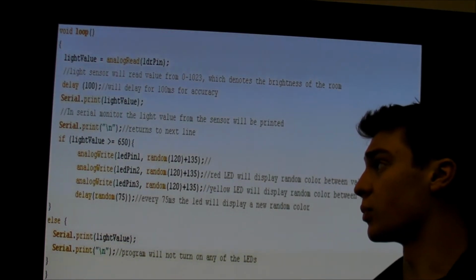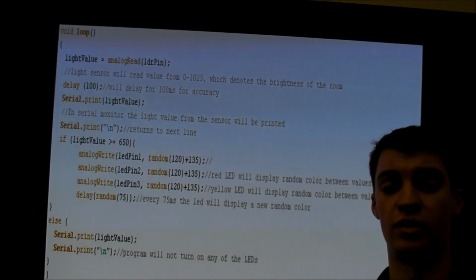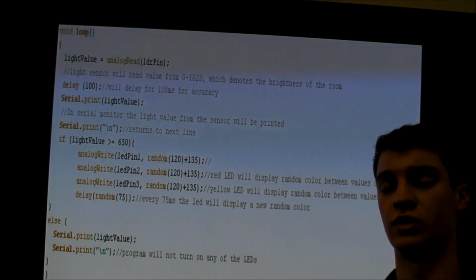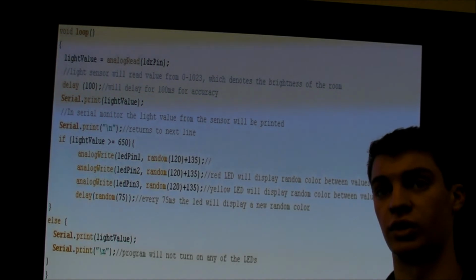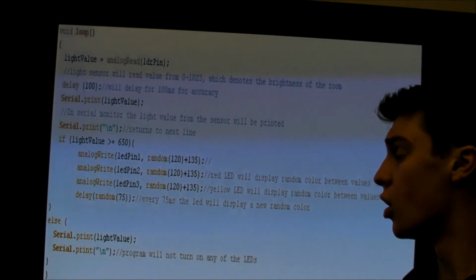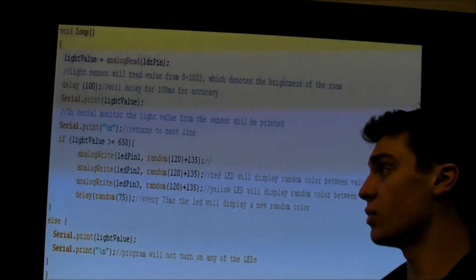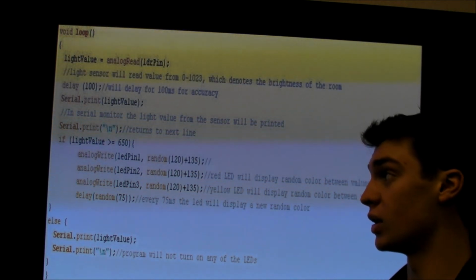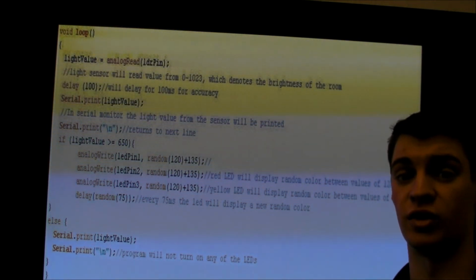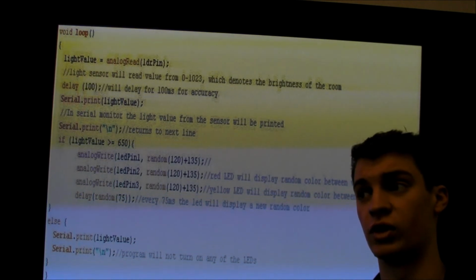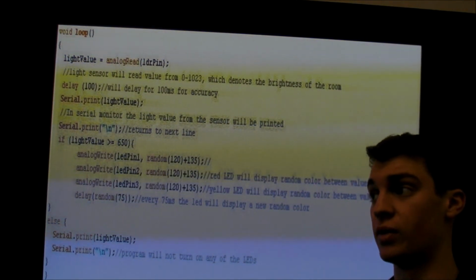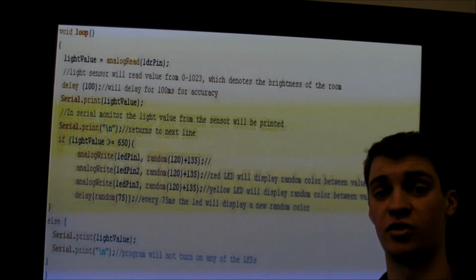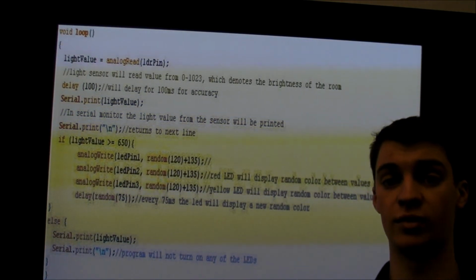The Serial.println, all that means is that it will print the value and then return to the next line to print the next value. Okay, and then there's an if statement that says if lightValue is equal to or greater than 650, so if the light sensor reads a value greater than that, then the LED fire effect will take place.